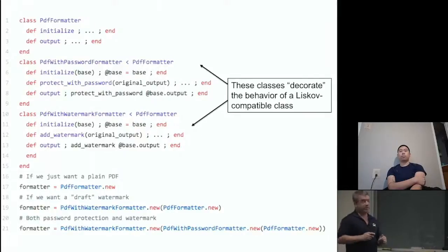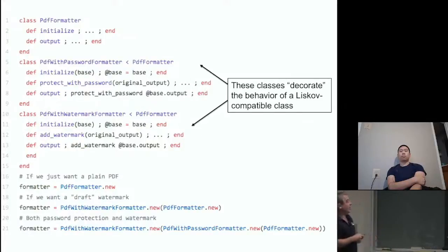Now let's decorate it. To decorate it with the ability to do passwords, notice that although I'm inheriting from the superclass, my constructor is different. In particular, when I construct an instance of PDF with password formatter, it is expecting to be passed a copy of the class that initialized it.